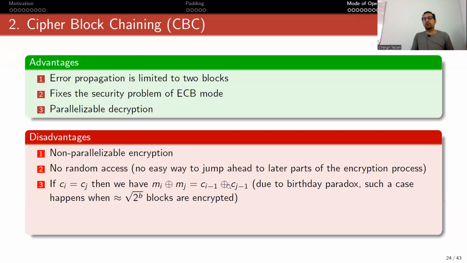So if you XOR the previous ciphertext blocks, those will give you the XOR of 2 plaintext blocks. Recall that when we talked about historical ciphers, when you have the XOR of 2 plaintexts, since these plaintexts have redundancy, you can recover some parts or all of them. So this is not something you want. So for this reason, if you encrypt this many blocks, we suggest you change the secret key and restart everything.